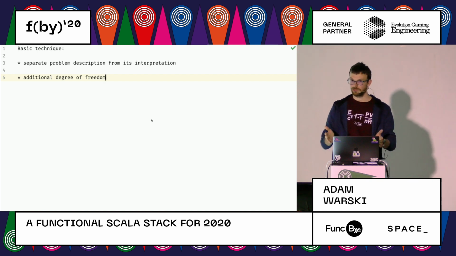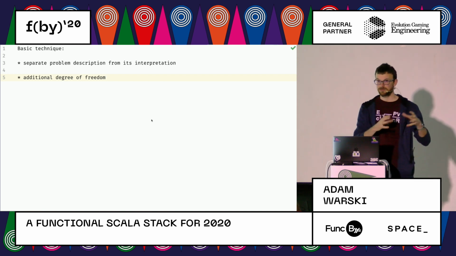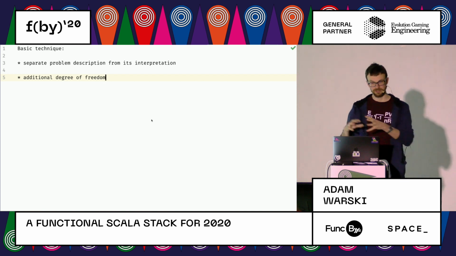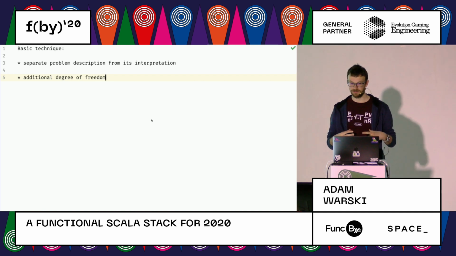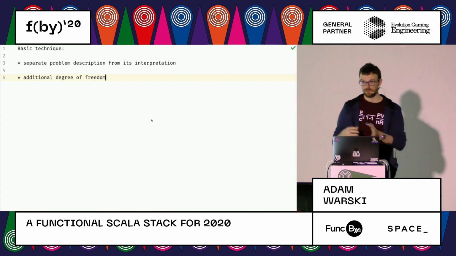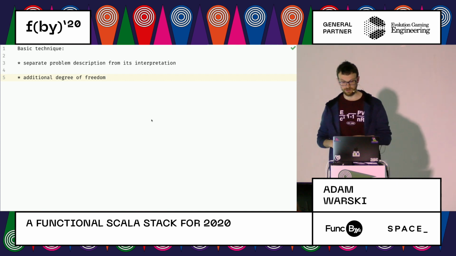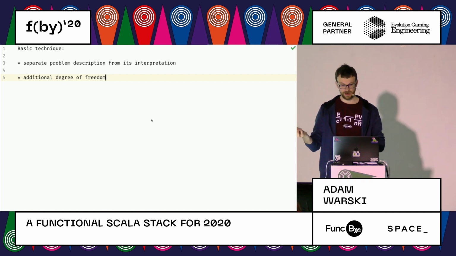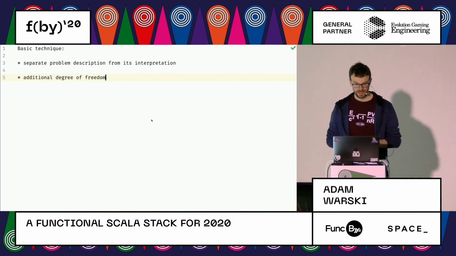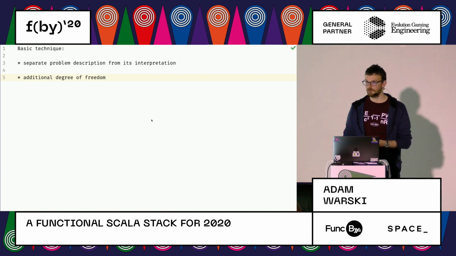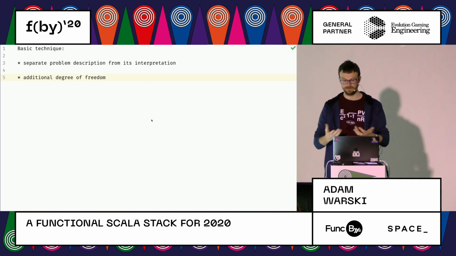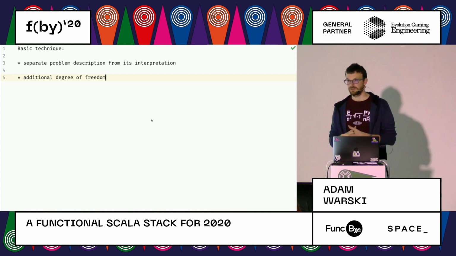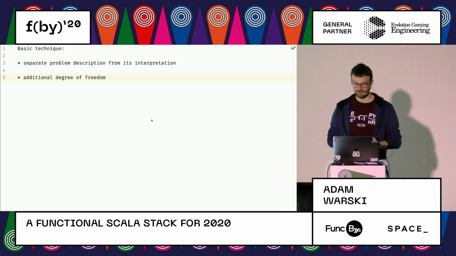Here we have split it in 2, so we have separated the description of the problem, be it describing the SQL queries, or the endpoint, or the side effects, from its interpretation. We interpret it as either arbitrary side effects, as routes, as documentation, and so on. And this separation gives us an additional degree of freedom, because once we have this problem described as a value, we can do whatever we want with it. We have various options in interpreting it.